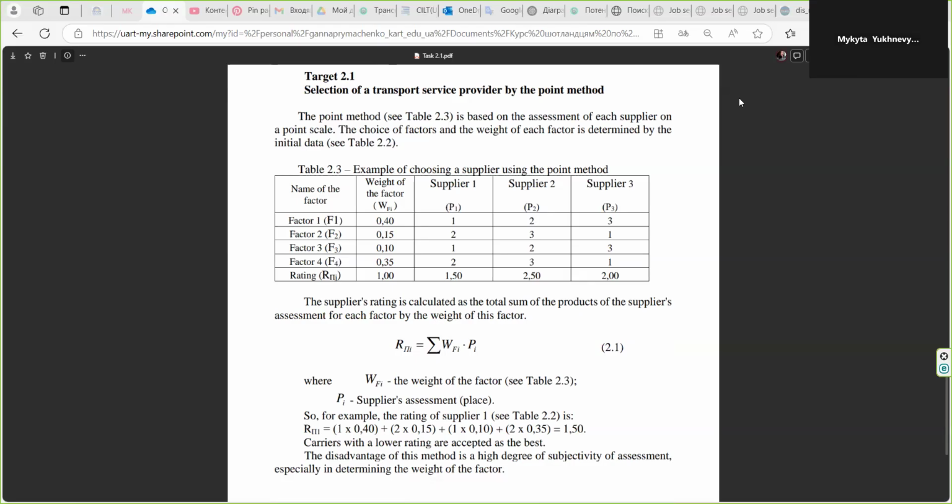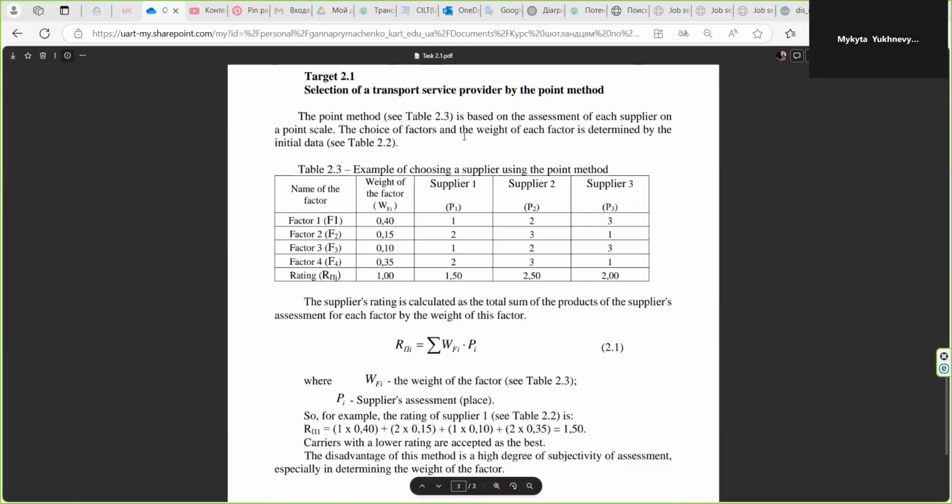For the point method we can see table 2.3. It is an example of choosing a supplier using the point method. So we try to do the same table for our variant. This point method is based on the assessment of each supplier on a point scale.